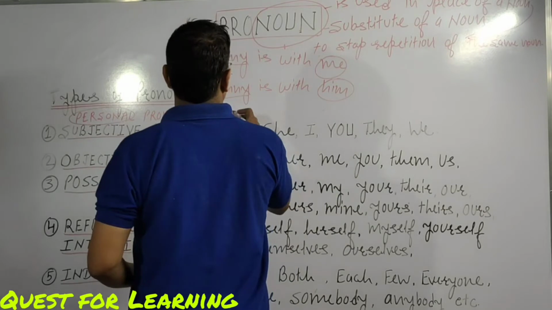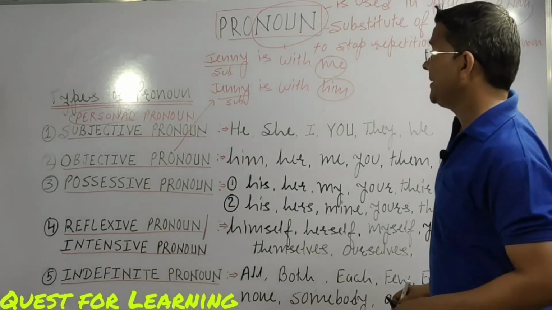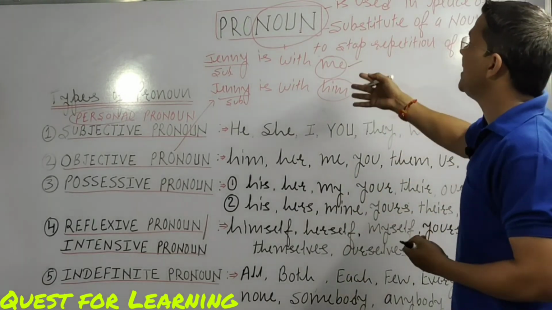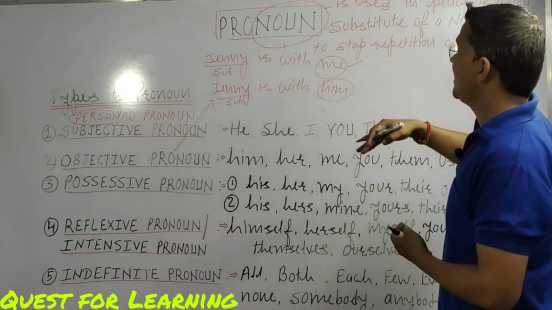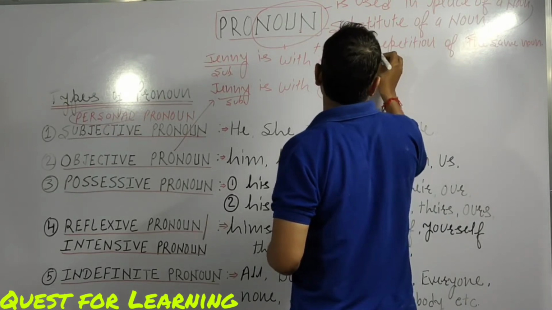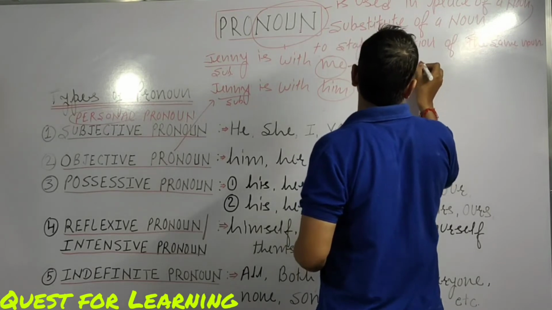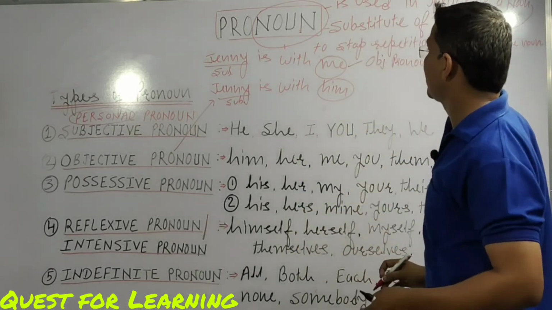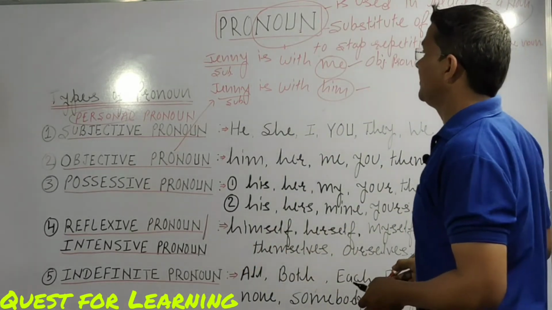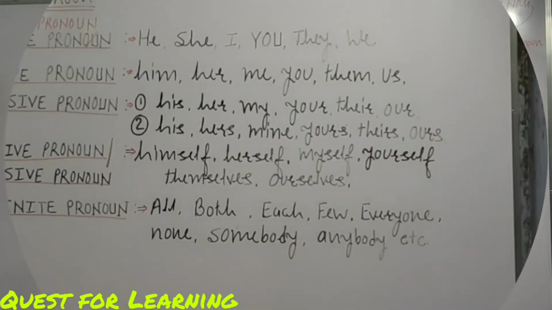So me is an object. Jenny is with whom? Me. It is working as an object. Objective pronoun. Next we have him. Jenny is with him. Objective.